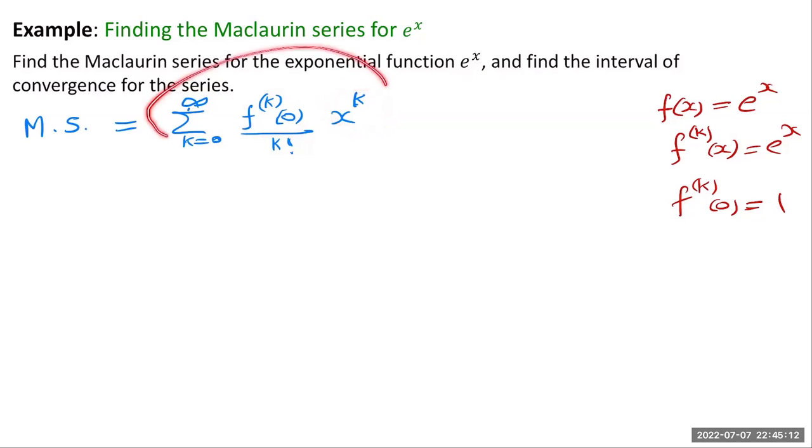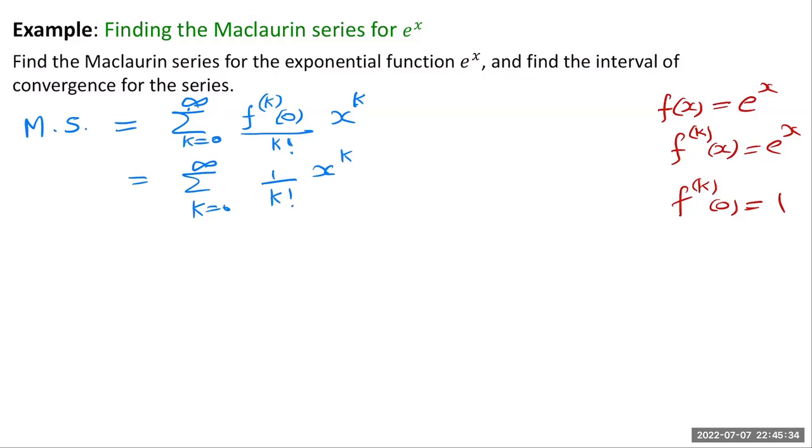According to the definition, this is the Maclaurin series. Now, I know f^(k) of 0 is 1, so I can plug in 1. The Maclaurin series is the sum over k from 0 to infinity of 1 over k factorial times x to the power k.